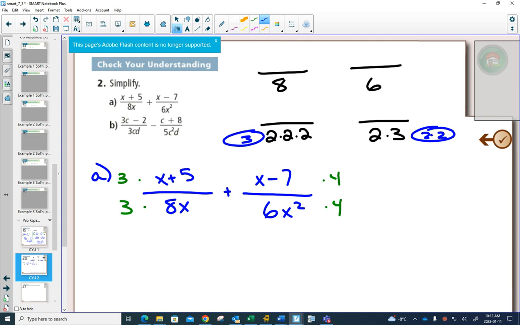That tells me I need to multiply the second one by 4, the first one by 3. So this is just a method, if you're having trouble with your times table in seeing it directly, to realize why and how you can get those numbers. It's a good strategy.